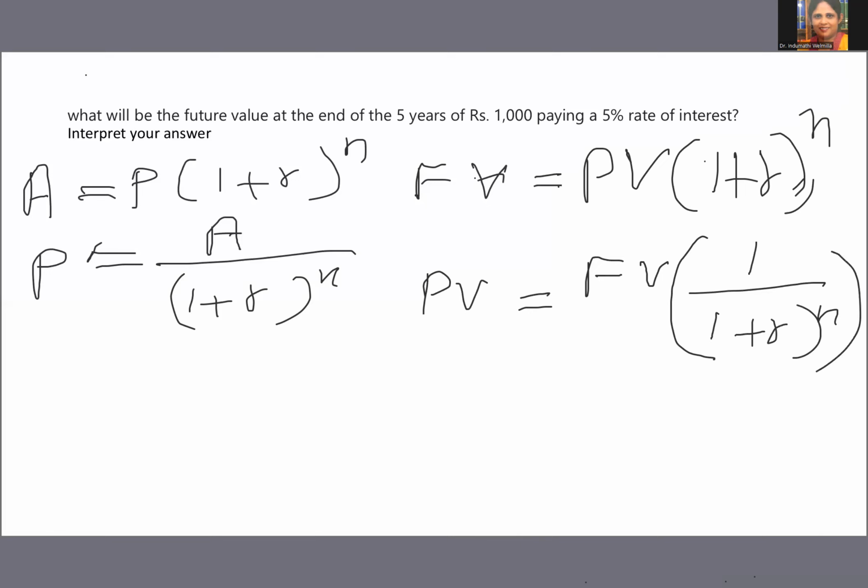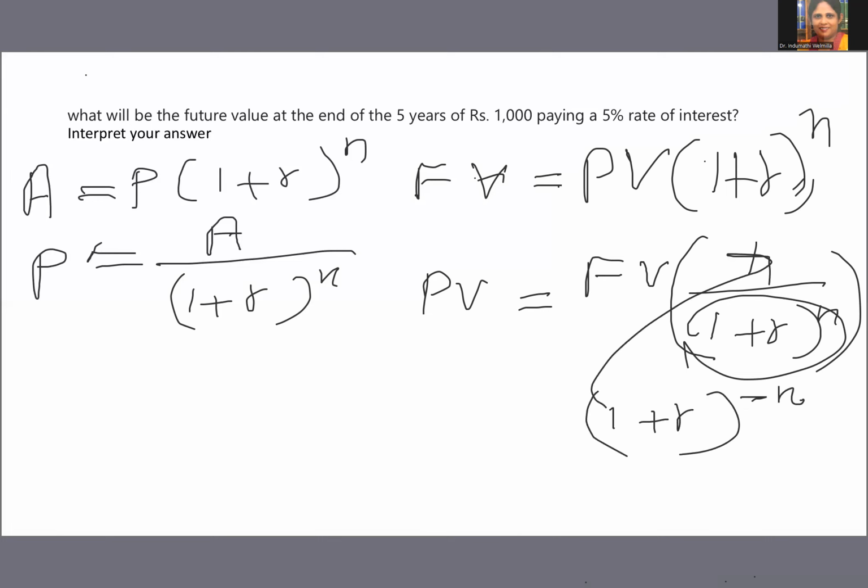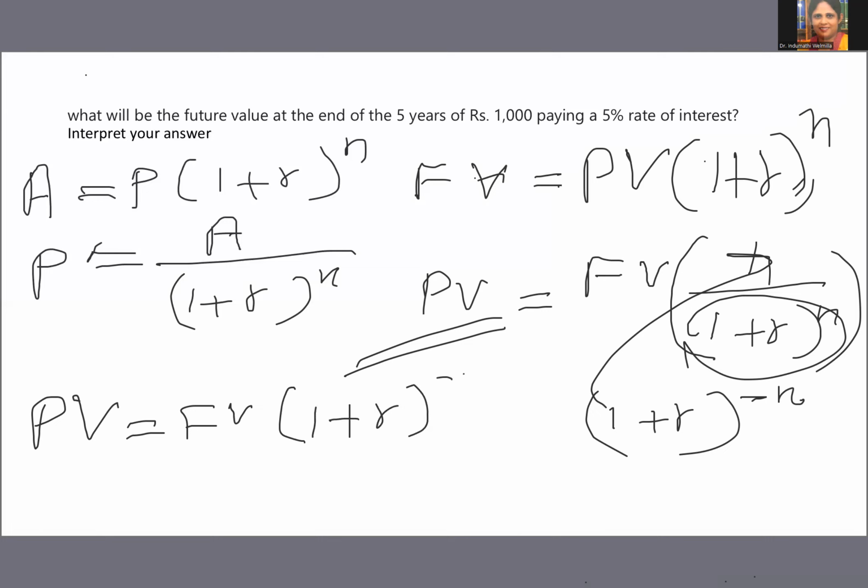So the same. Or instead of this part, you can use (1 plus R) to the power of minus n, then we can put it in the upside also. That means the same formula we can write: present value equals future value multiplied by (1 plus R)^-n.